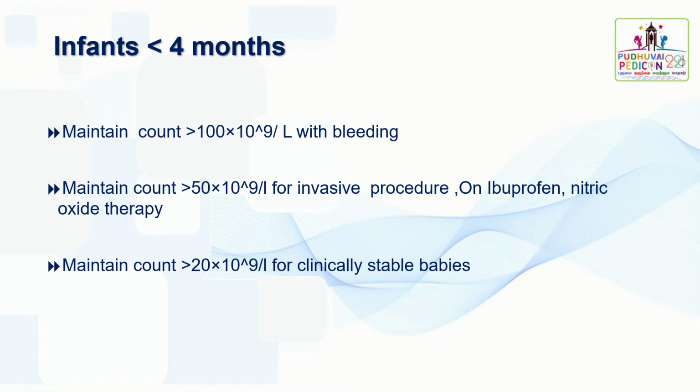For invasive procedures, ibuprofen therapy and nitric oxide therapy, it can be kept around 50 into 10 power 9. For clinically stable babies, no need for transfusion if it is more than 20 into 10 power 9. If it is less than 20 into 10 power 9, you have to go for transfusion.